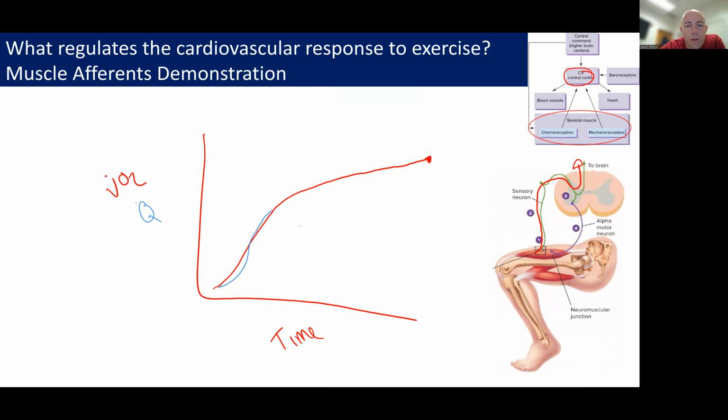But probably more important to our discussion today, we'll talk about mean arterial pressure. It'll go up really quickly, and then it will also increase higher and higher. As you're increasing your fatigue and increasing that O2 deficit and how hard you perceive the exercise, all of these things, your central command, and these things will be exaggerated. The afferents will be exaggerated to drive your blood pressure and your heart rate up.